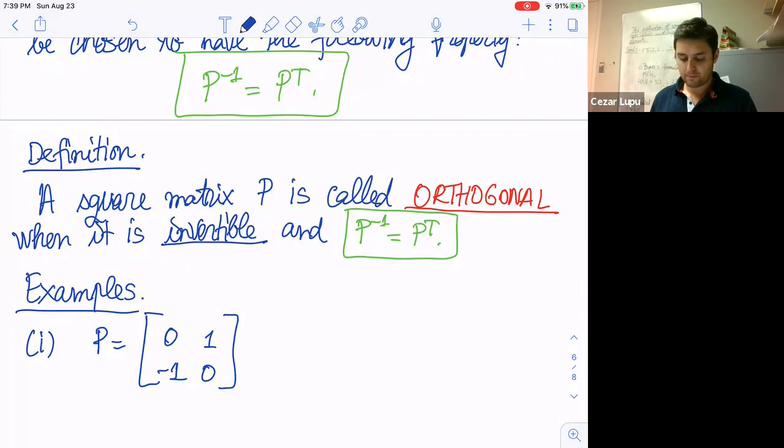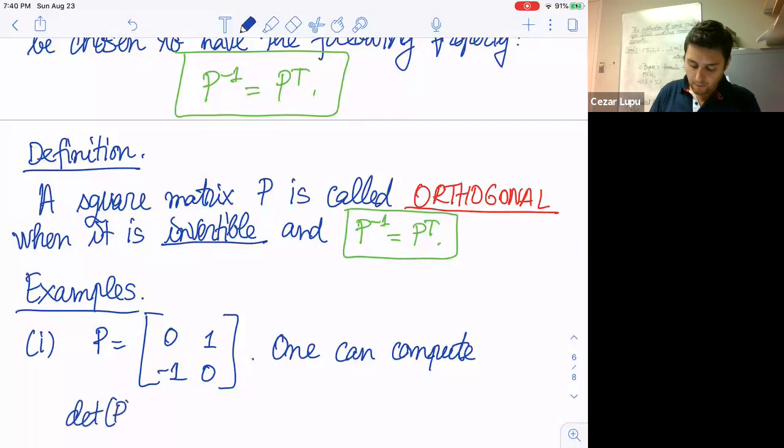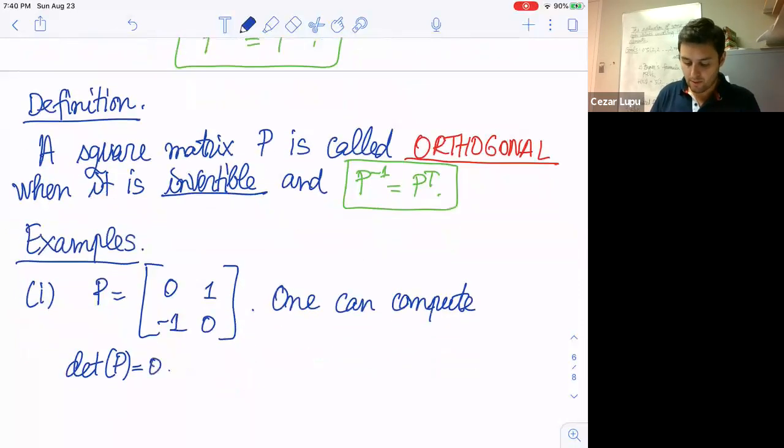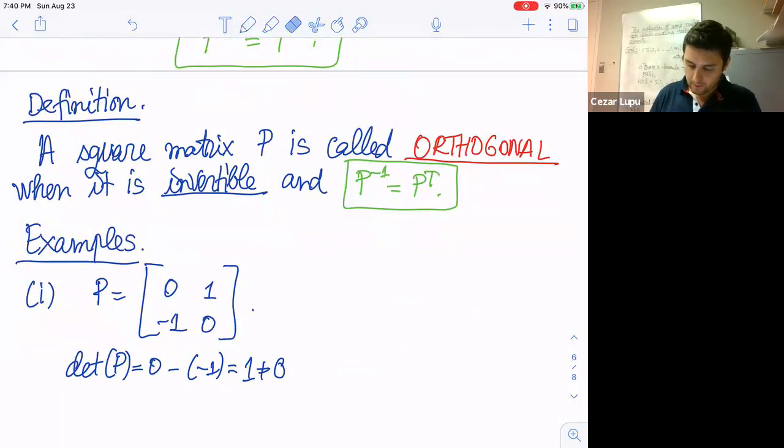Well, is this matrix orthogonal? Clearly, P is invertible, the determinant is 1, which is not 0, so one can compute the inverse.